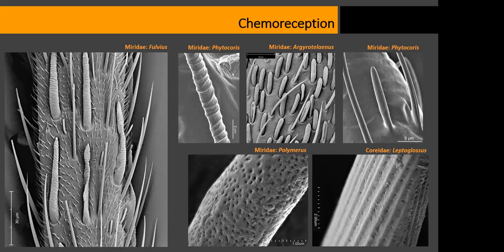The pores range from 10 to 25 nanometers in diameter, and their distribution varies depending on the type of sensory organ. Sometimes the same sensillum has a dual function, being both mechano and chemoreceptor.